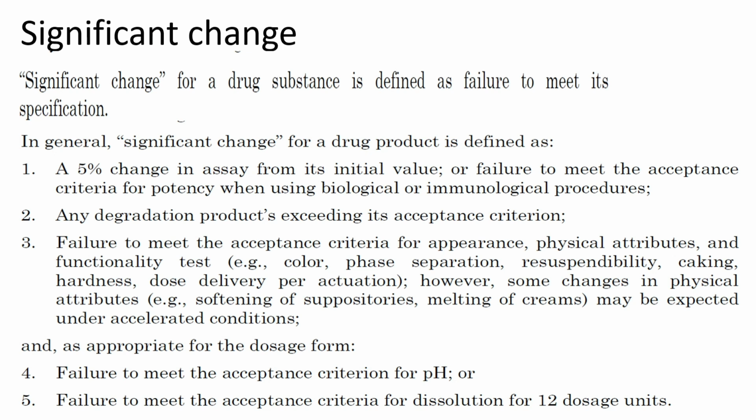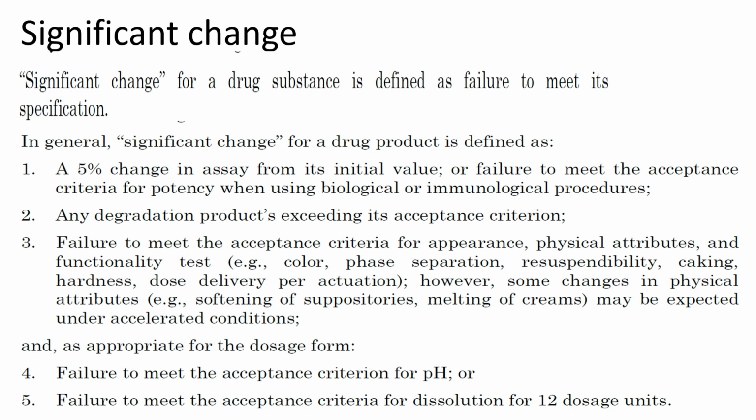Failure to meet the acceptance criteria for appearance, physical attribute and functionality test. So if any appearance, physical attribute or functionality test is out of specification, then call it a significant change. And as appropriate for the dosage form, failure to meet the acceptance criteria for pH is again a significant change because it is already out of specification.